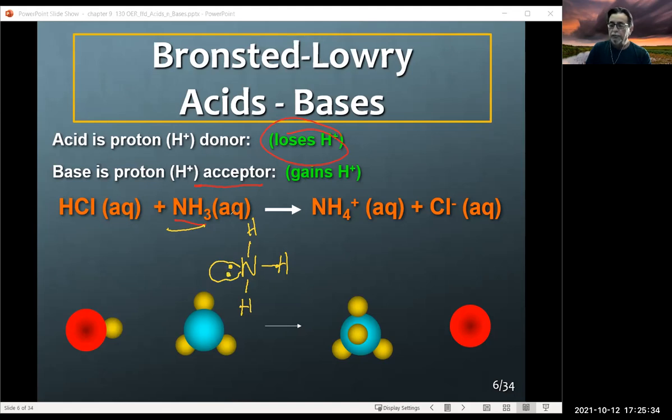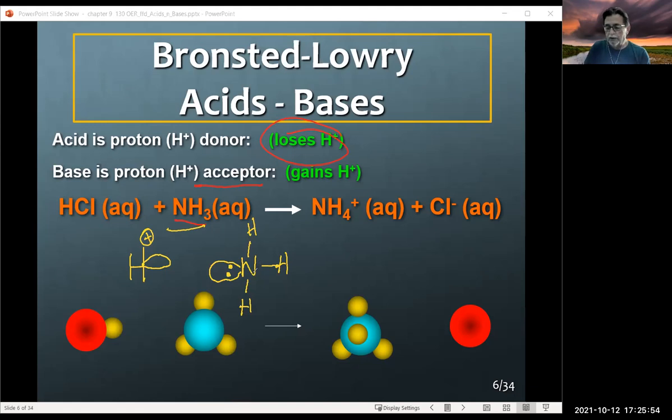Earlier, I talked to you about a proton. The proton's 1s orbital is empty. So that one electron is gone. It has a positive charge here. Remember that, okay? Well, guess what?